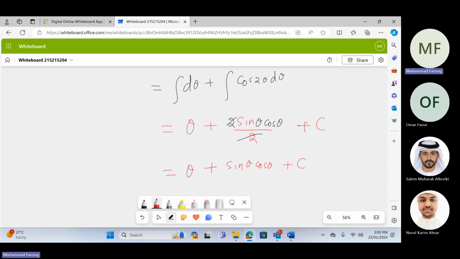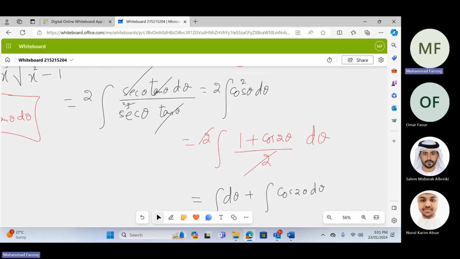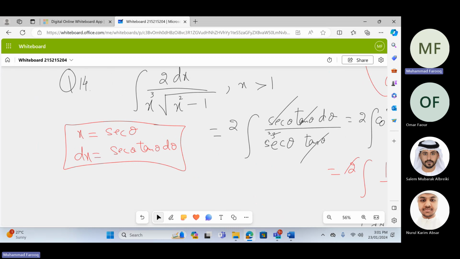Now we have to put back the theta value in x. I have only the angle, and the angle can be found using the inverse. So go back to the substitution. From here, if you need theta, it's very clear: theta is basically secant inverse x.